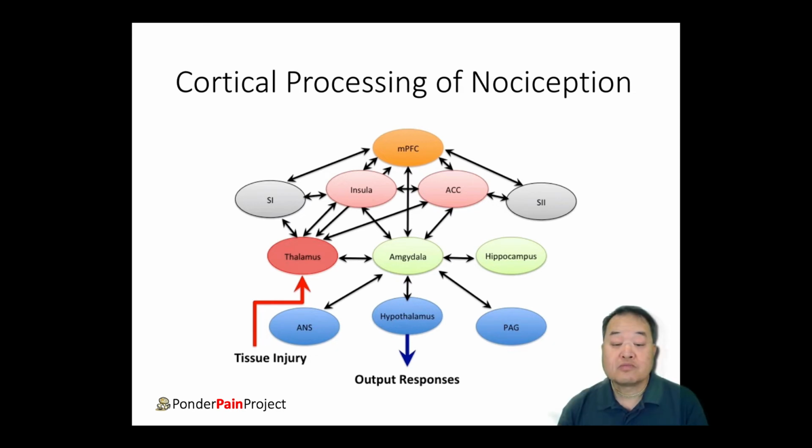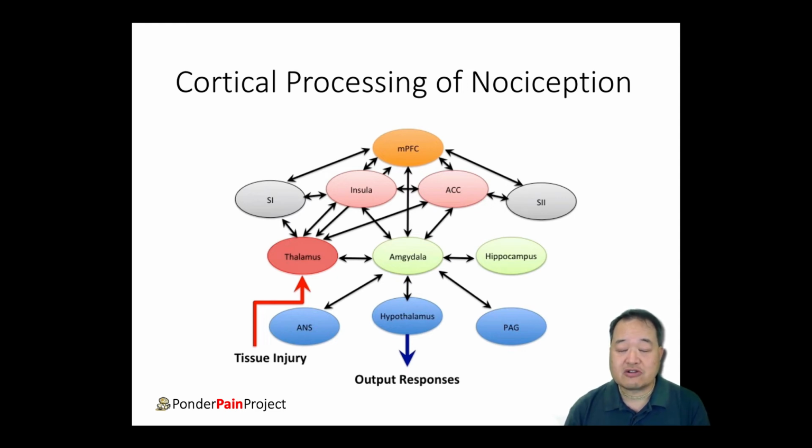pain. Really the interesting thing that occurs, beyond the sensory input that goes to the primary and secondary somatosensory cortex, is the activity that occurs in this hub of more inner structures of the brain: the insula, the anterior cingulate cortex, and the medial prefrontal cortex.